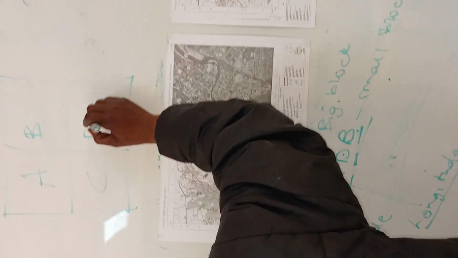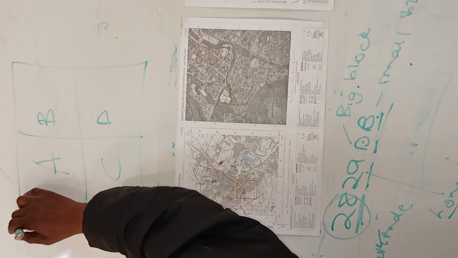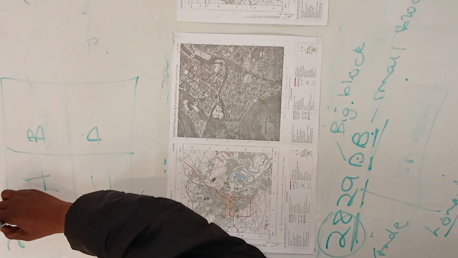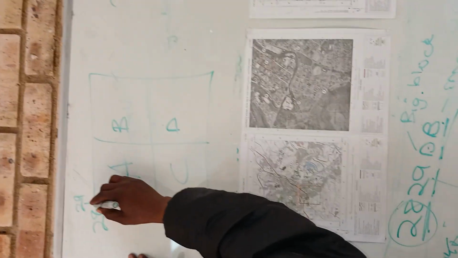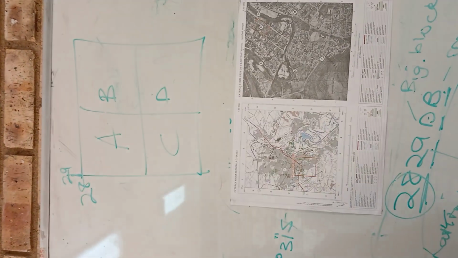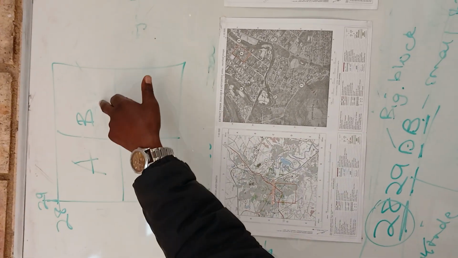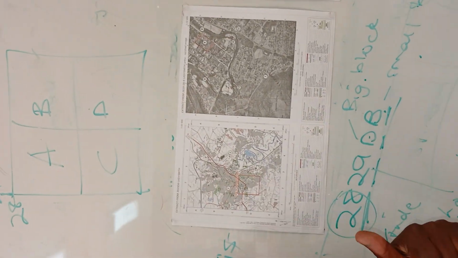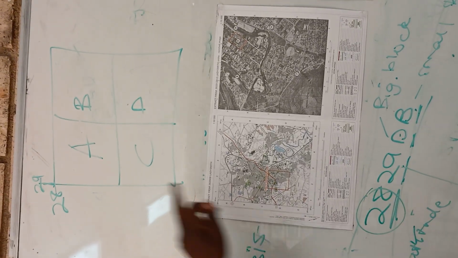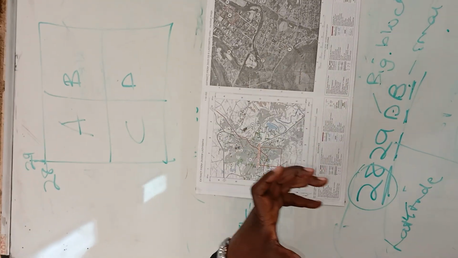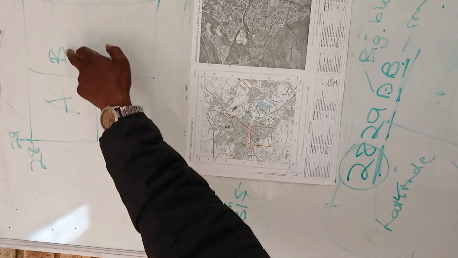I'm going to take this as my 28 and this as my 29, which is your latitude, then your longitude. So they divide the block into 4 blocks: A, B, C, D. Remember, whenever we talk about coordinates or the location of a place, we want to find the exact location. So our block or grid is divided into 4 blocks: A, B, C, D.